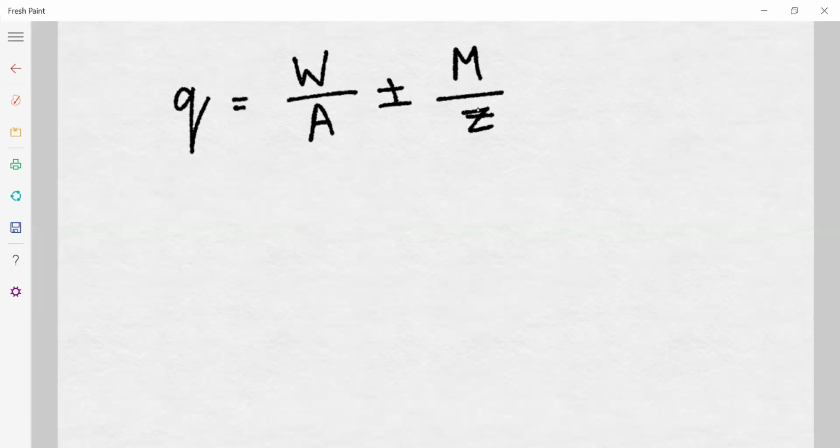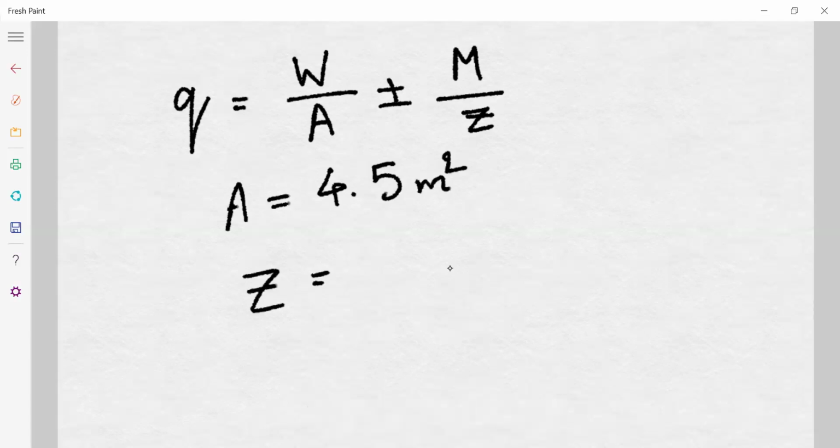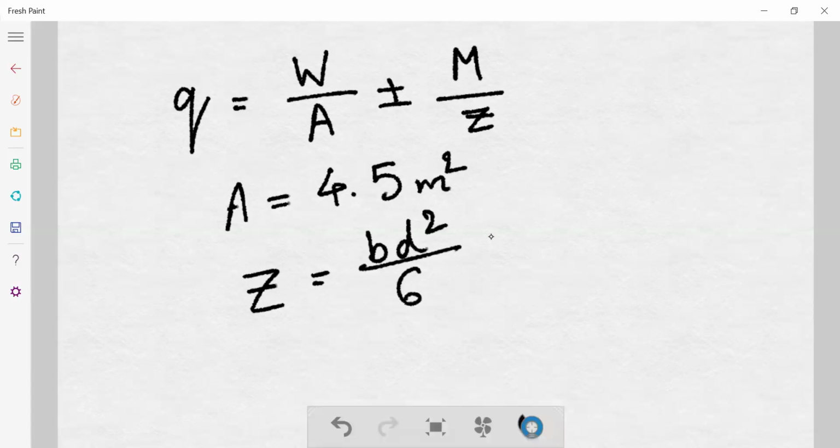We knew that the pressure is equal to W by A, load by area, plus minus M by Z. Z is the section modulus. The area we have got is 4.5 meter square. Z will be BD square by 6, the standard formula for the section modulus.